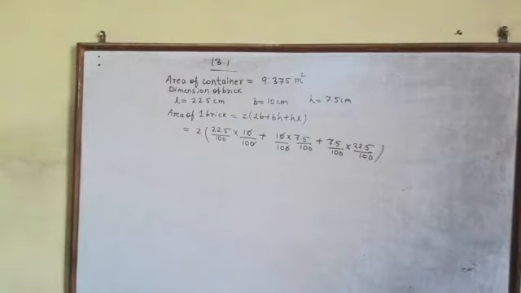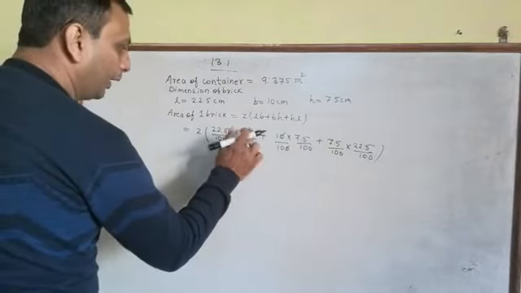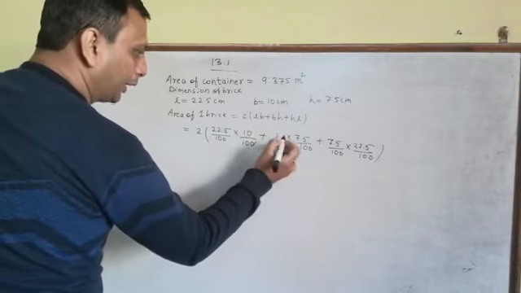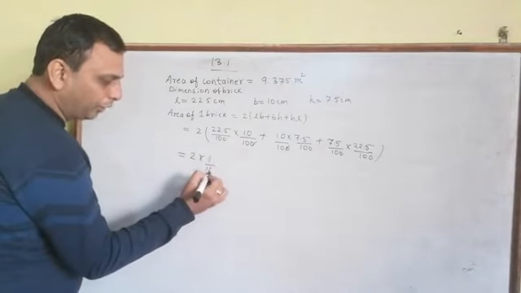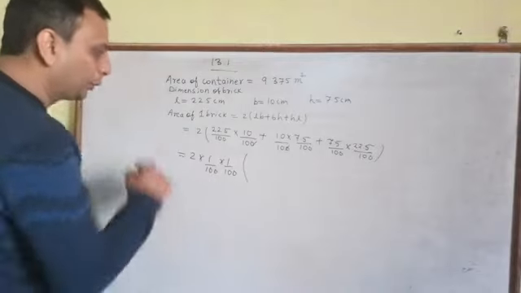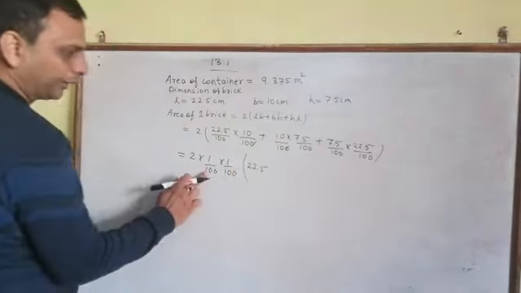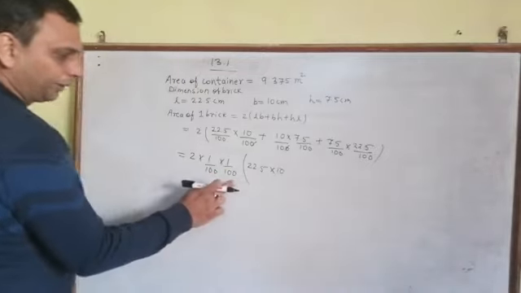Since 2 is already outside the bracket, I am taking 1 upon 100 times 1 upon 100 outside the bracket as common. In the bracket I will get 22.5 multiplied by 10, because the upon 100 is already taken outside.